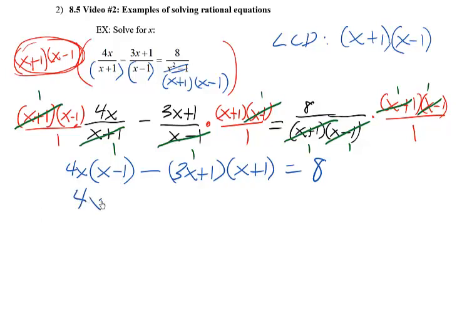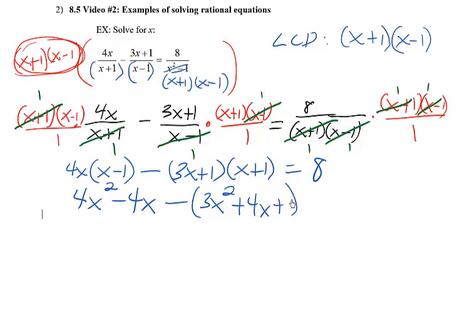This would be distributing, so 4x squared minus 4x. Be careful with this next part. You have a FOIL problem here, but because of the subtraction, that entire answer to the FOIL problem needs to be subtracted. So keep it in parentheses to indicate that. I've got 3x squared from the front guy. Let's see, the outer is a 3x and the inner is a 1x, so that's going to make 4x in all from that.